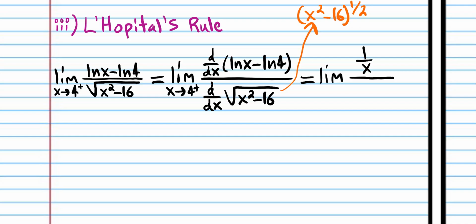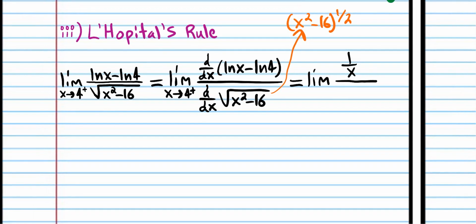And I don't know if we have the space for that. But if you do all that, you're going to end up with 1/2 times x squared minus 16 to the negative 1/2 power.